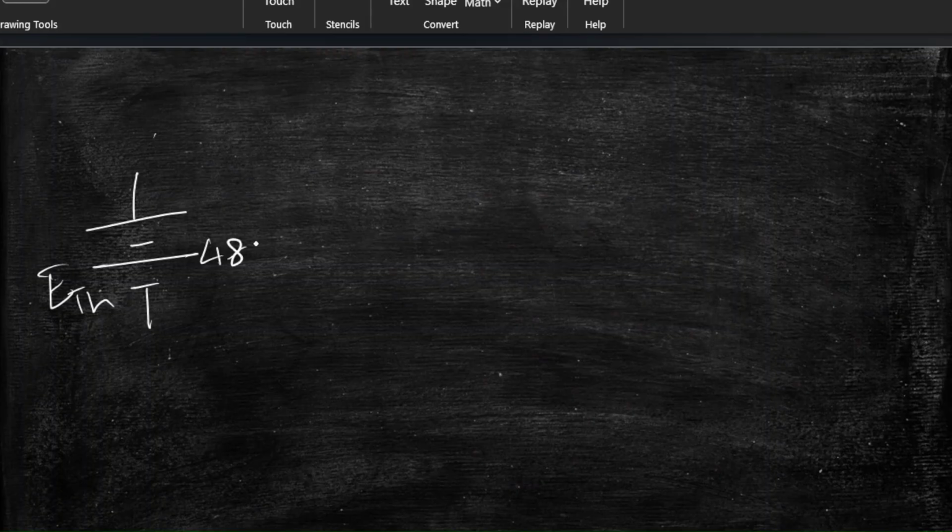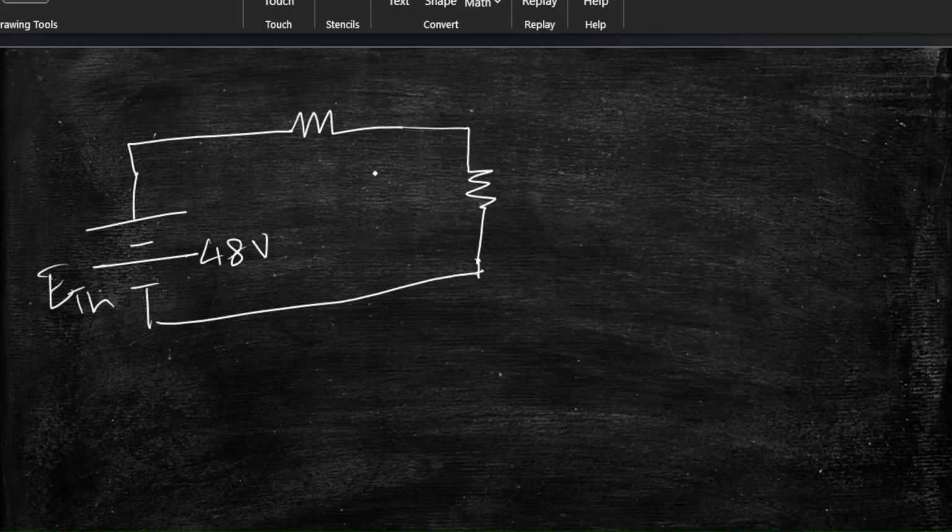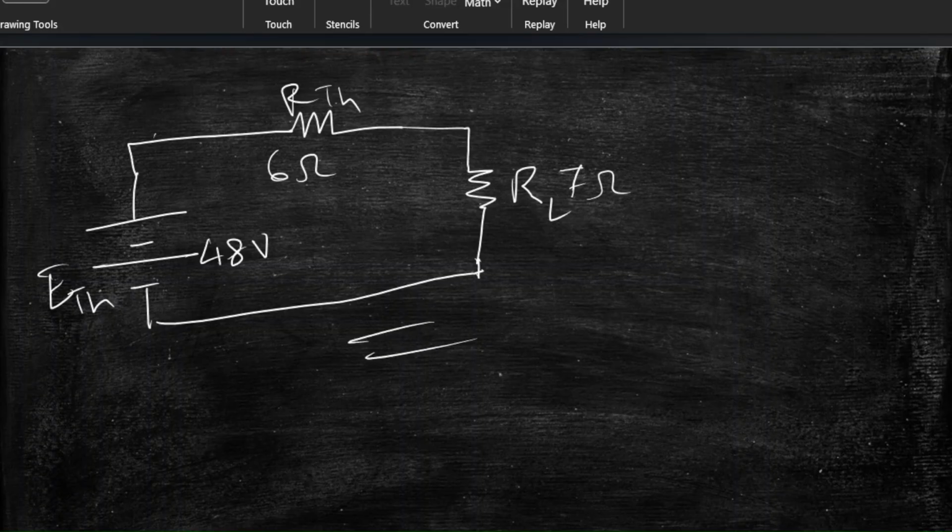Then we draw a resistor in series, another resistor in series, and close the circuit. The first resistor is RTH, the Thevenin's resistance, which we calculated to be 6 ohms. And this one is RL. You don't have to put its value, but we had its value here, so we can put it if we want: 7 ohms. So that's it. That is the final answer, the Thevenin's equivalent circuit.